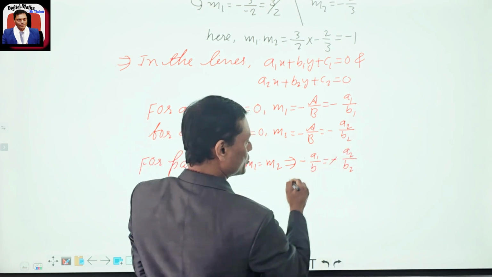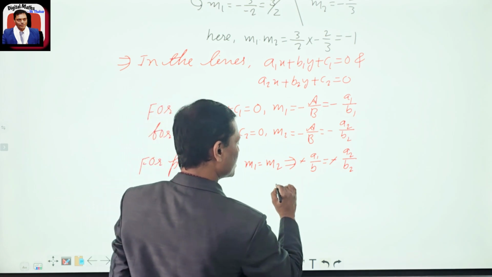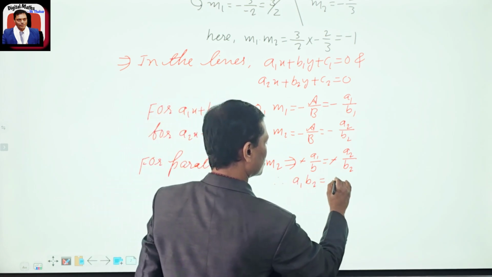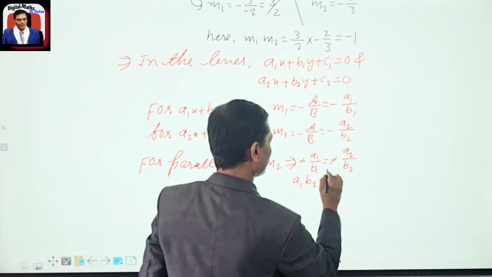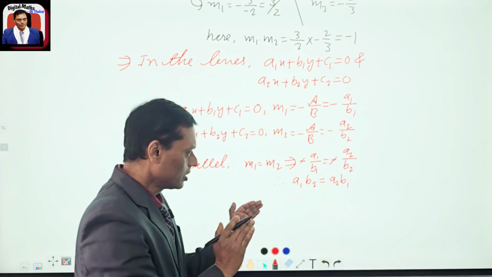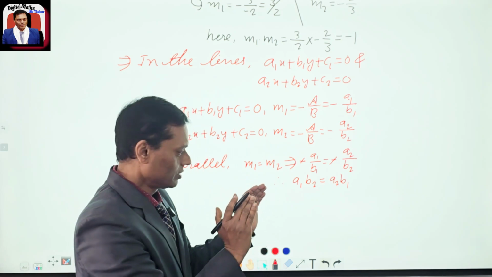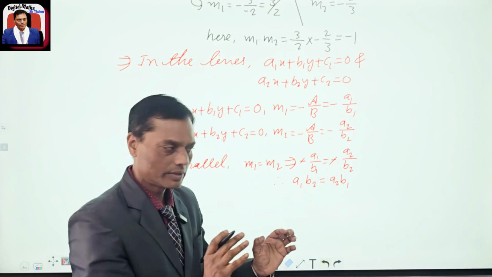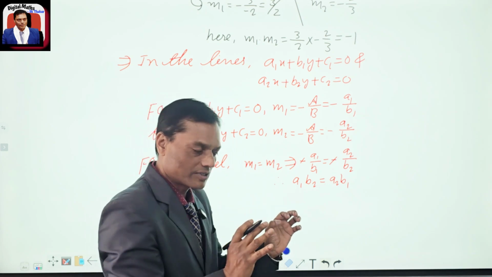The minus you can cancel, and when you do the cross multiplication, you will get a1 b2 equals a2 b1. So this is the condition: if a1 into b2 equals a2 into b1, then the lines are parallel.